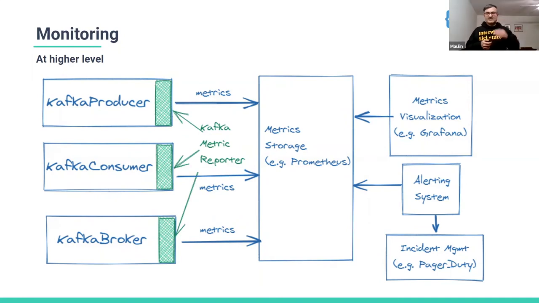The other part is the alerting system based on these metrics, where you want to configure your rules in terms of standard deviation, 99th percentile variations, and any custom thing that you build.